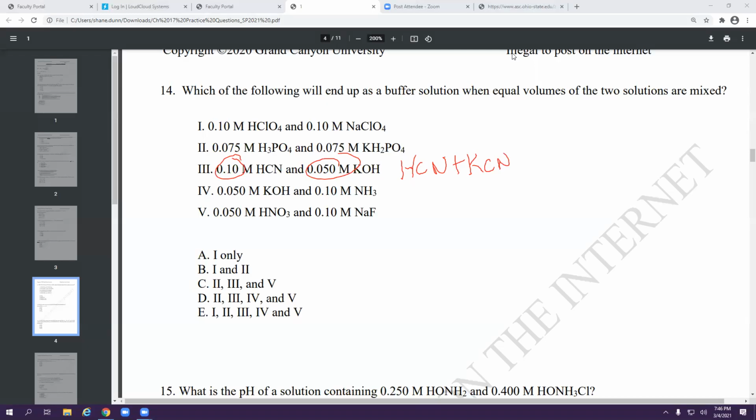The question is not saying both are buffers. It's saying if I add these 2 things together, will it form a buffer. When equal volumes are mixed together, the 2 solutions form a buffer. That's what the question's asking for.